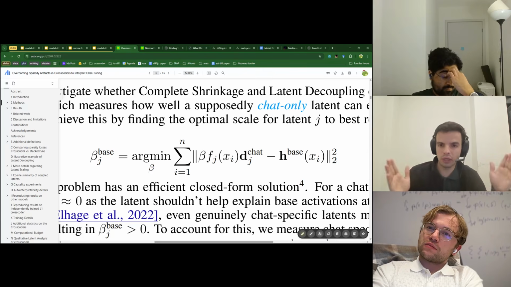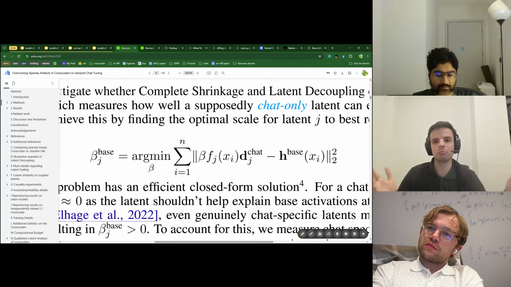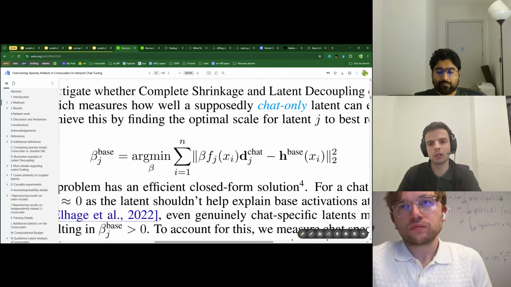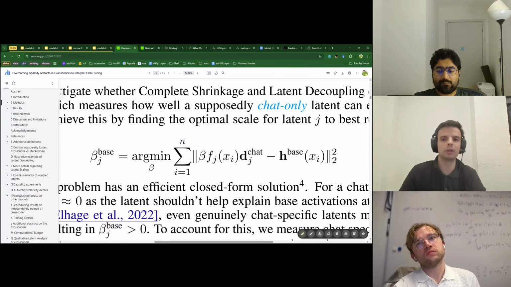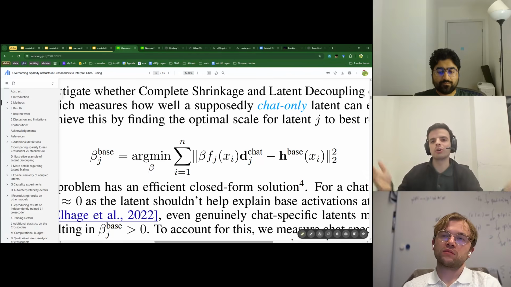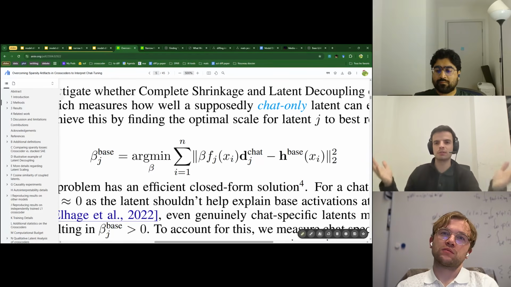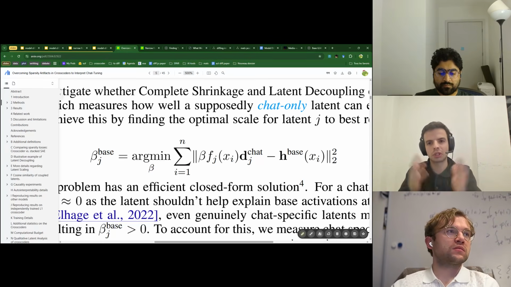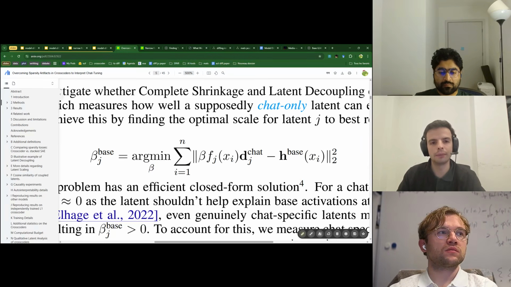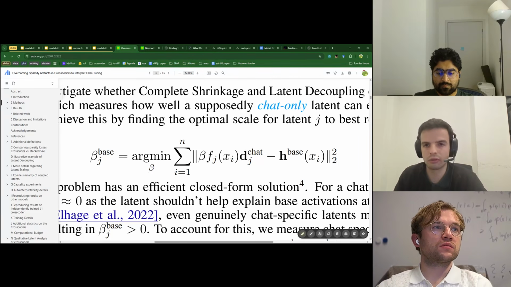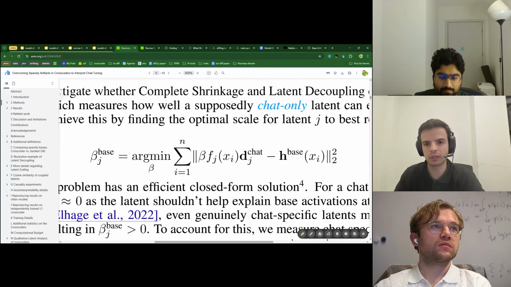So if a feature has a usefulness of 10 to reconstruct the chat activation and a usefulness of 0.1 to reconstruct the base activation, then I can say this looks like a true chat-specific feature. And this formula here is just the way we found to calculate this usefulness score. I can go into the details, but that's the high-level idea of the latent scaling metric.